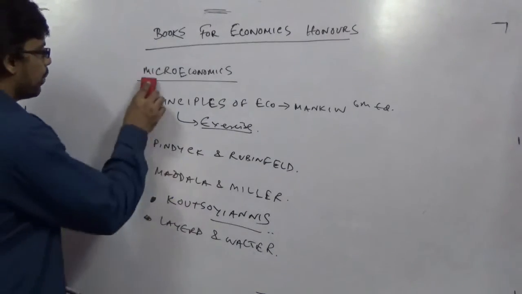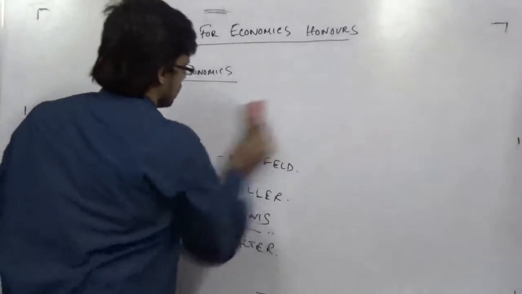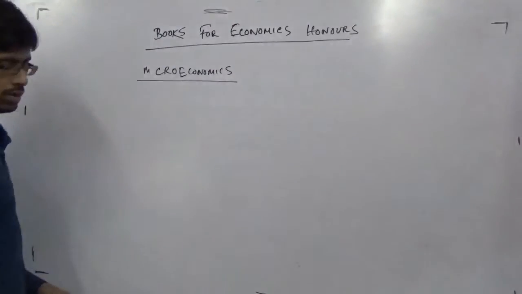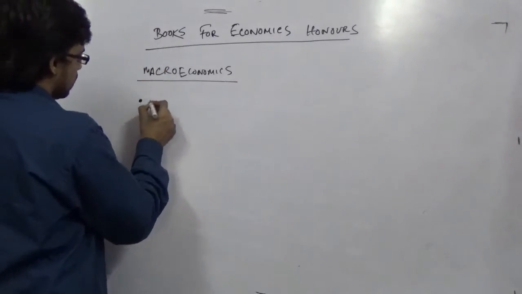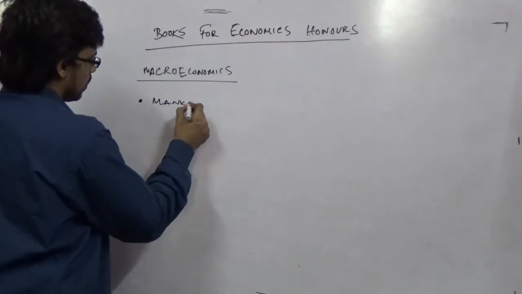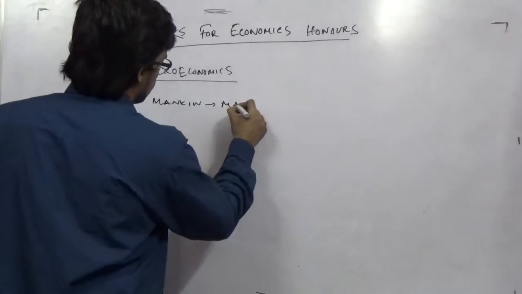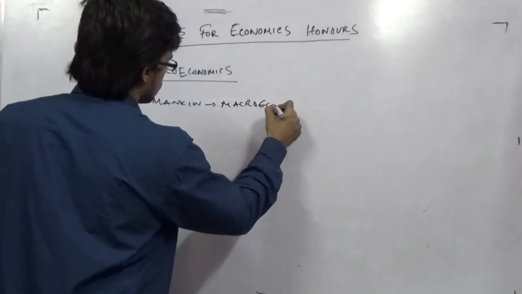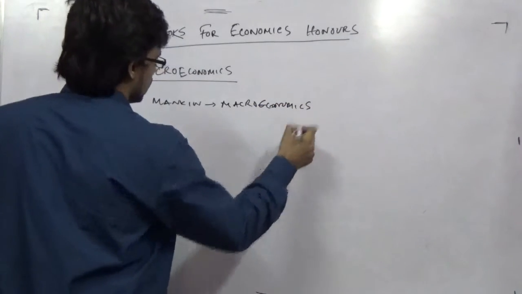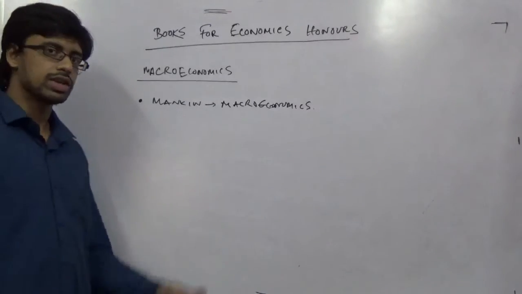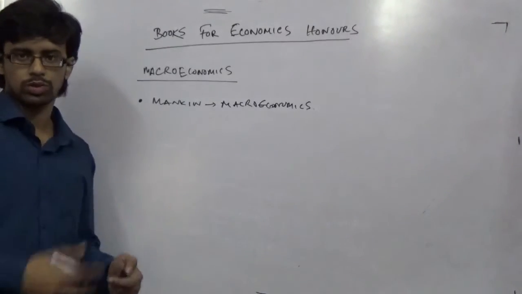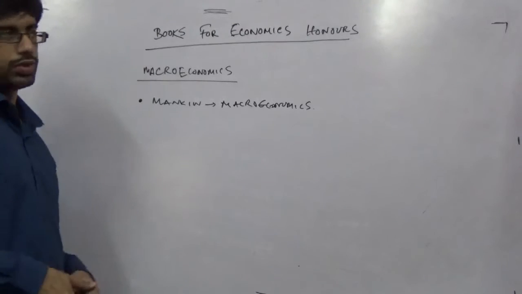Now going to the macro segment. In macroeconomics, you obviously start with Mankiw again. Mankiw has written a book solely on macroeconomics. In most cases, this book has very good exercises, and the Principles of Economics also has a macro segment that is also very good.